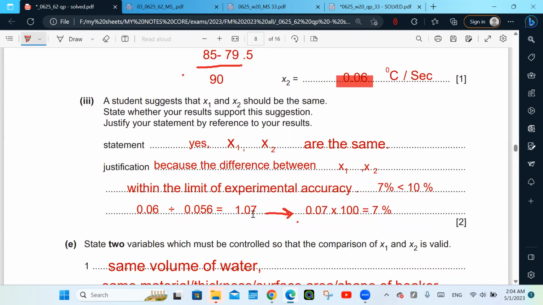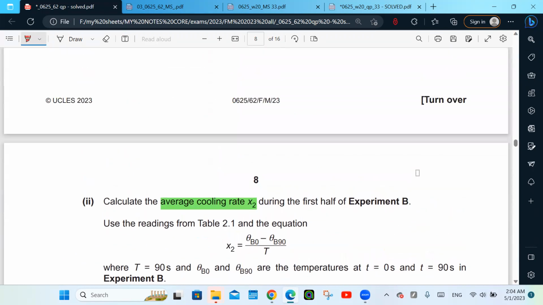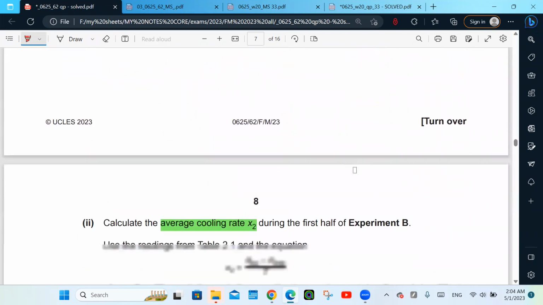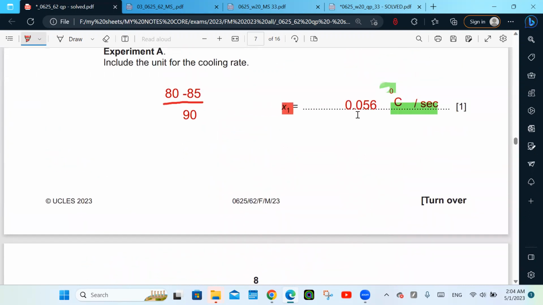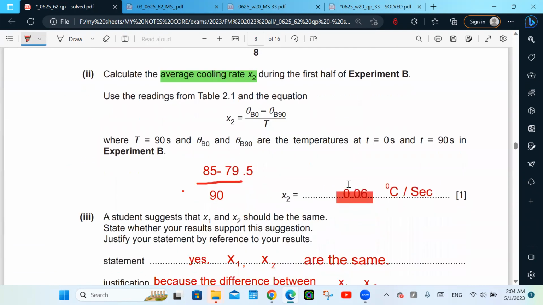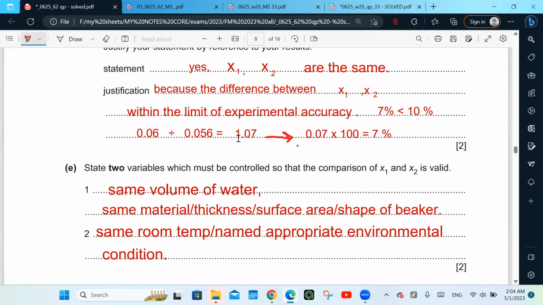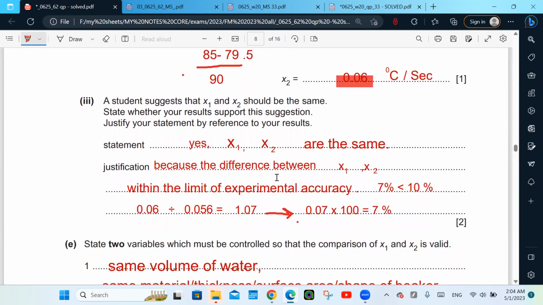So I divide 0.06, which is the greater number, x2, over the smaller number, which here is 0.056. You will get a number. The number is 1.07.